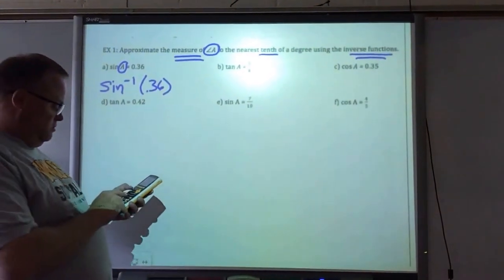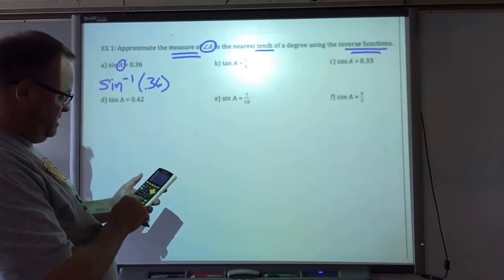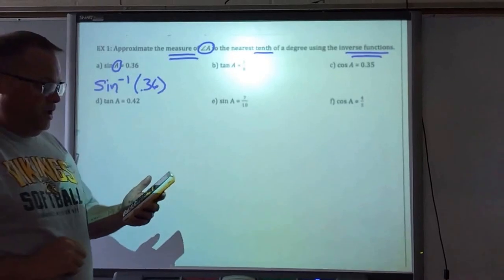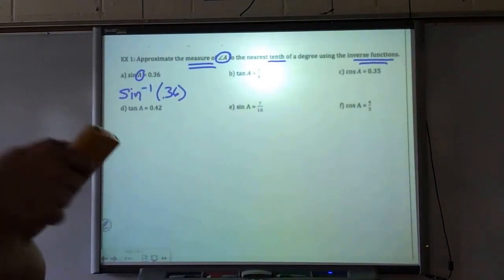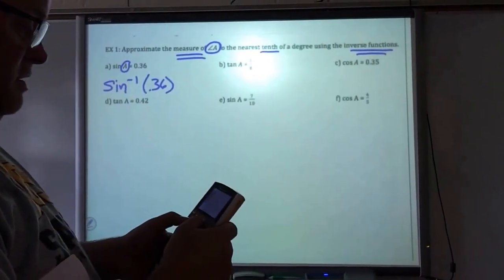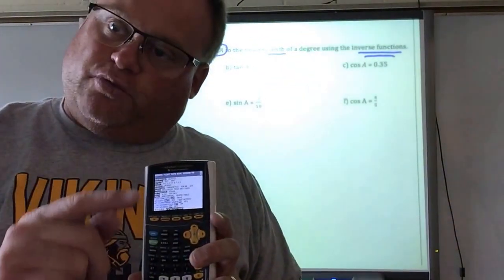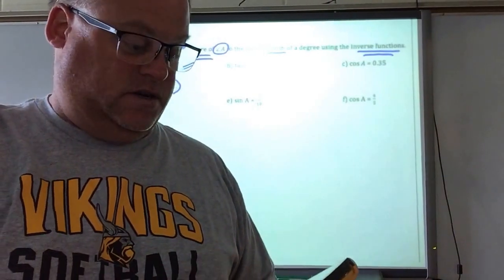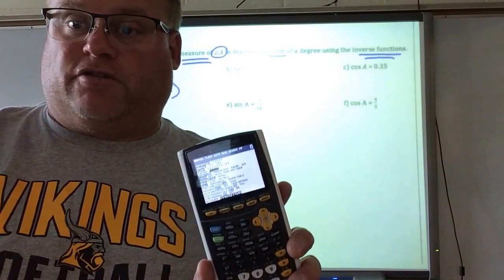So, second sine 0.36, close parentheses, 0.368. Now, I bet you, once again, for some reason, my calculator is in radians again. Make sure we switch it over to degrees. Make sure your calculator's in degrees, okay? Here we go.